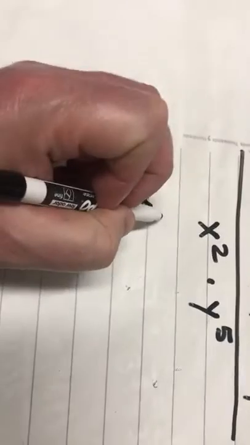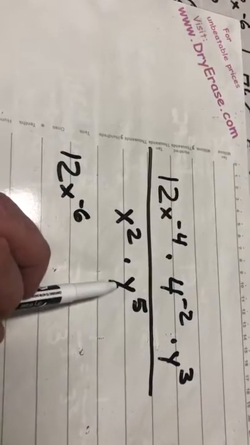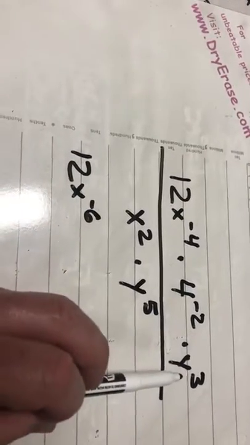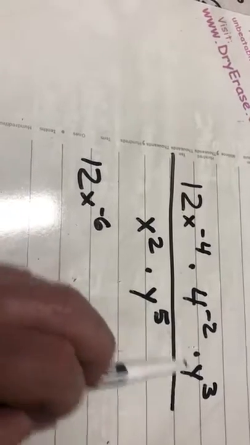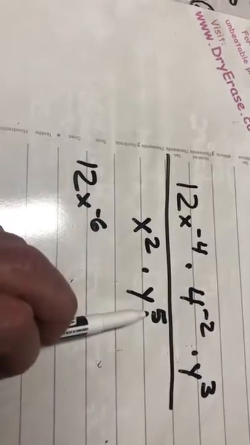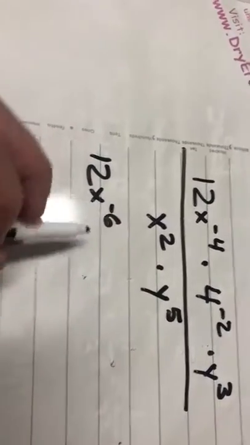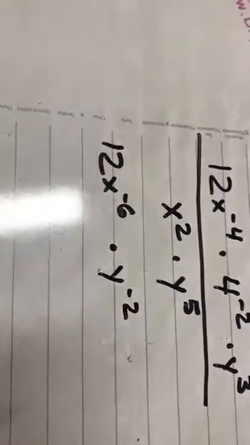So this would be 12x to the power of negative 6. Now let's deal with y to the power of 3 divided by y to the power of 5. Same base number, so it's just 3 minus 5. 3 minus 5 is negative 2. So part of this has got to be times y to the power of negative 2.